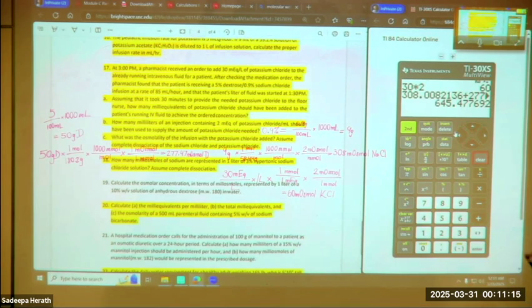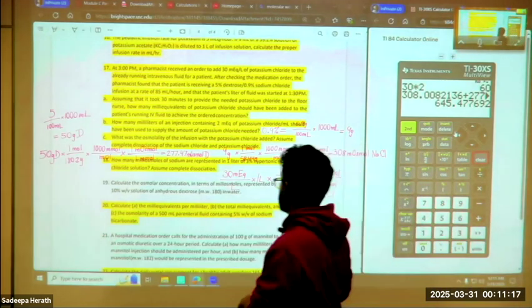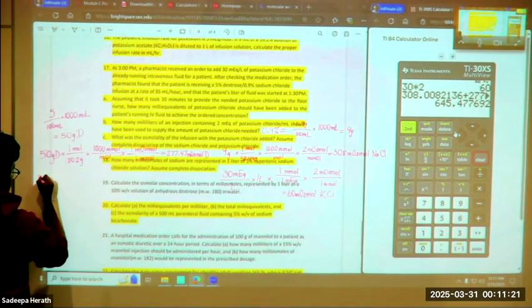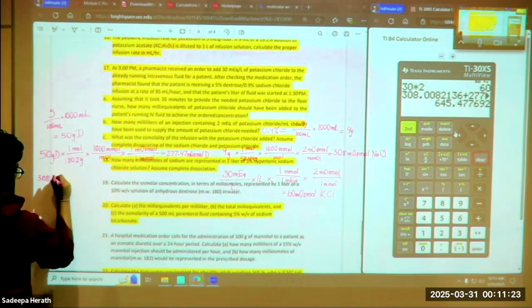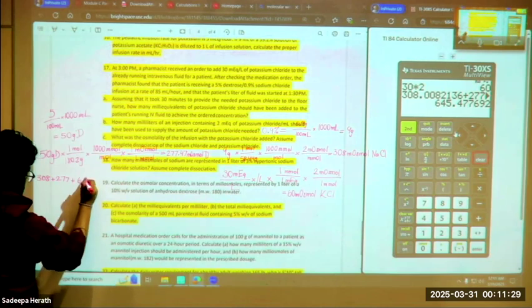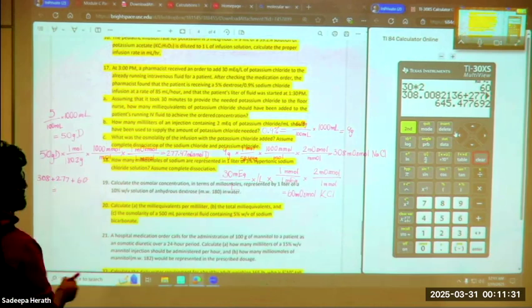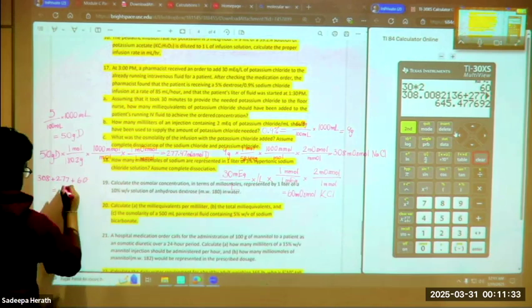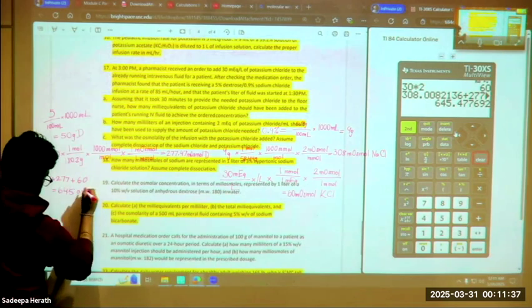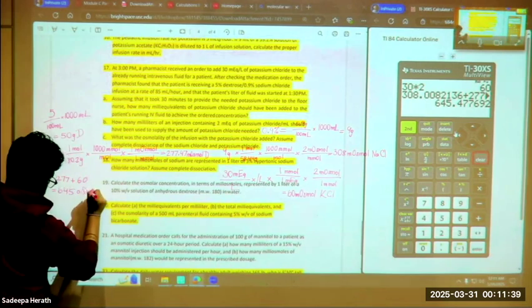Yeah. So write that out here. 308 plus, let's just say 277, yada, yada, yada, plus 60 equals 645. Yes, just about.